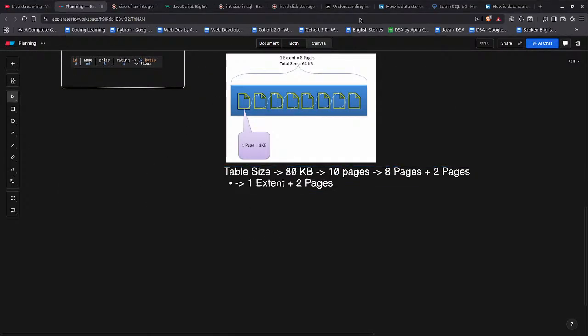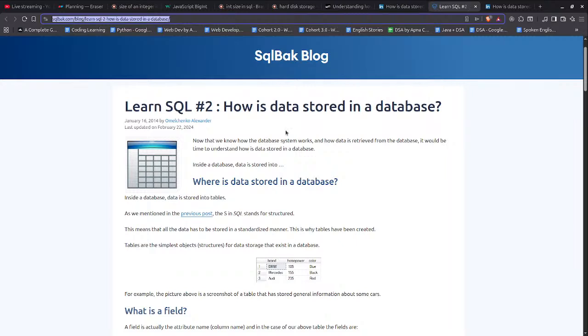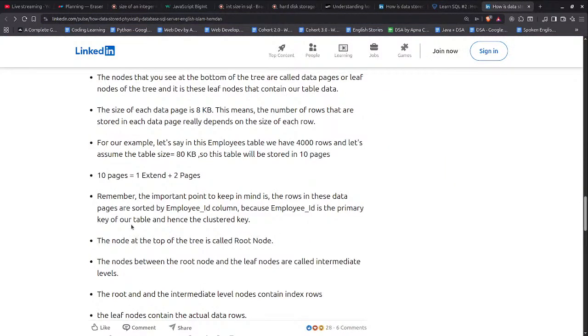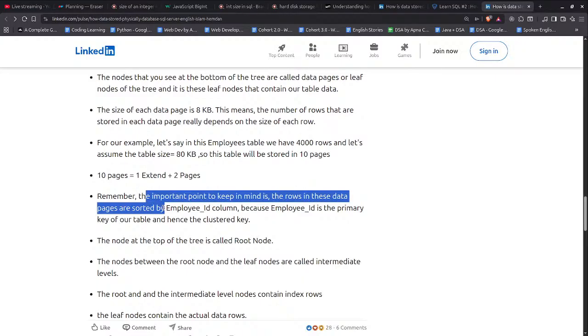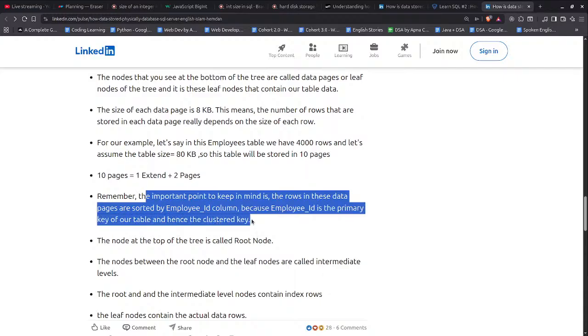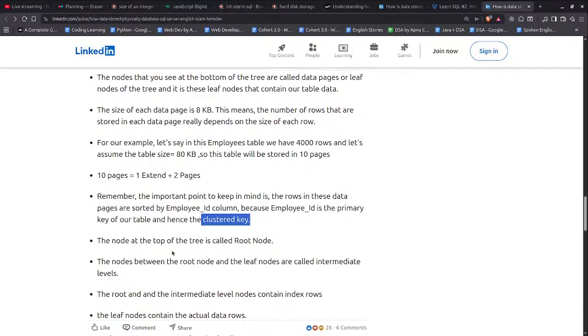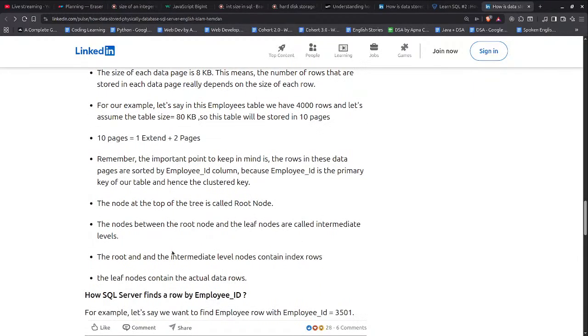Alrighty, what is the next thing that we have to go through? So this is all about how the data is getting stored. The important point to keep in mind is that the rows in these data pages are stored by the employee ID column, because employee ID is the primary key of our table, hence the clustered key. The node at the top of the tree is called the root node, and the nodes between the root and the leaf nodes are called intermediate nodes.